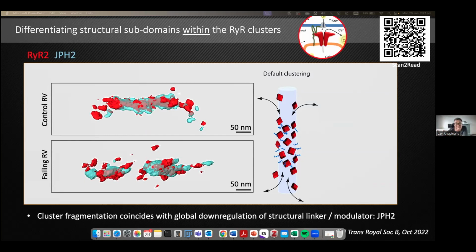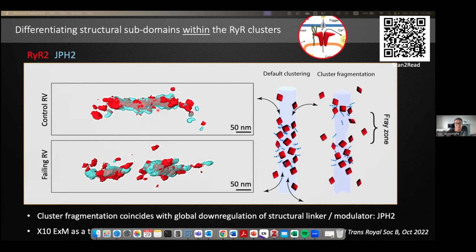And what was really interesting was that we could see, as with previous reports of other types of heart failure, that extra resolution that we could get in 3D could show us this scattered organization of these channels compared to the control. And this helped to describe the first mechanism or morphological changes as an unraveling of these clusters, almost like a fraying of that structure.